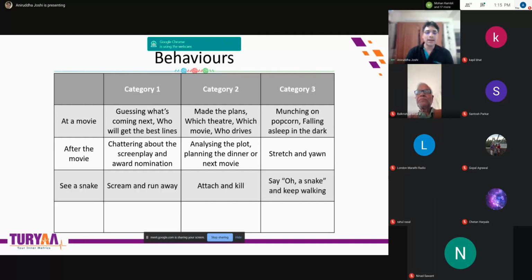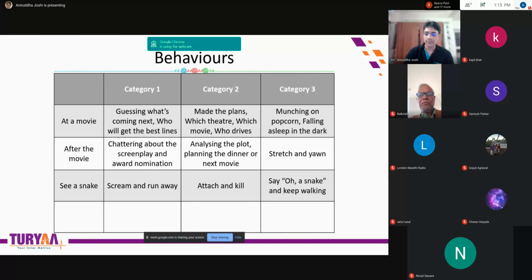If you see a snake, or if you see some accident, the first category will run away. The second category of people will try to solve the problem. For example, if it's an accident, they will actually approach there, solve the problem, call the police, get an ambulance, reach out to the hospital, and so on. And the third category will just ignore it, or will happily ignore it.